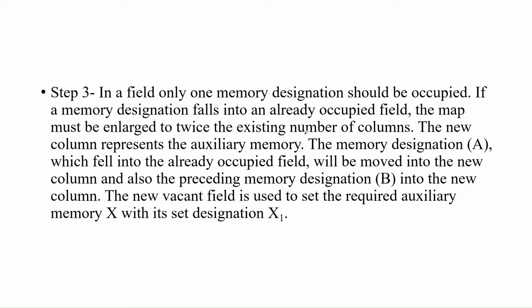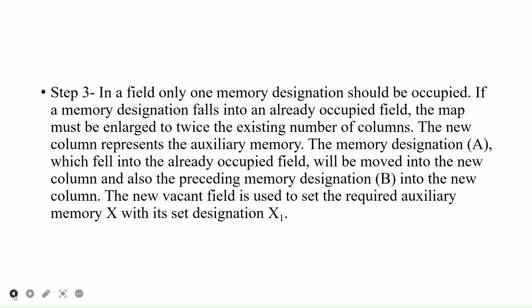If you have 2, we need to extend to 4. Here we have one column and it has 2 positions included in a single field, so we need to expand it into 2. The new column represents the auxiliary memory. The memory designation A, which fell into an already occupied field, will be moved into the new column, and also the preceding memory designation B into the new column.